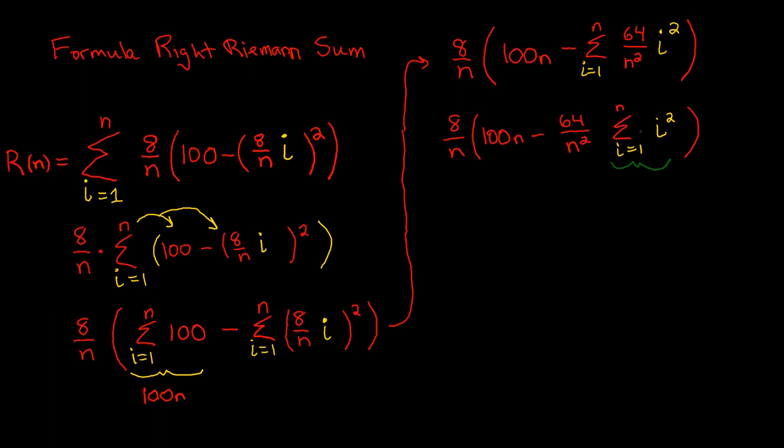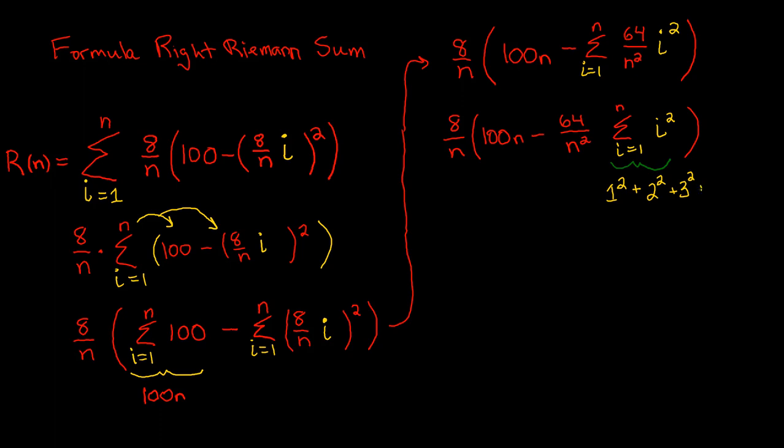So let's think about, what does this really mean? It says I is equal to 1, and then you square it. So this is 1 squared. But then you increment I, so I is now 2, and then you square it. And then you increment I again, so you get 3, and you square it.